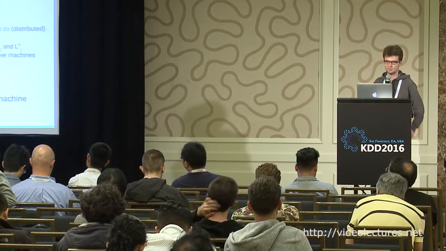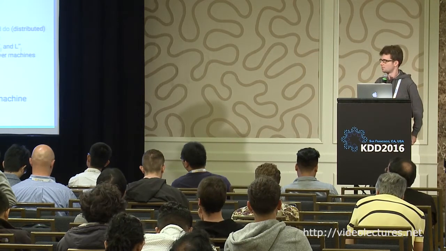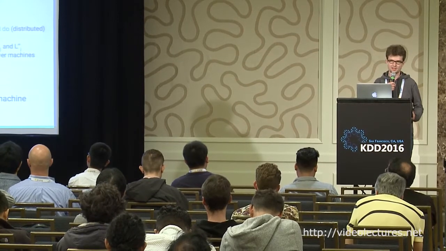I will show you some illustration of this in the next slide. And the nice thing about this is the distributed algorithm does exactly the same thing as a single machine algorithm, which in turn does the same thing as a normal coordinate descent algorithm. So we have an algorithm that is scalable, but does the same thing as its single machine variant.